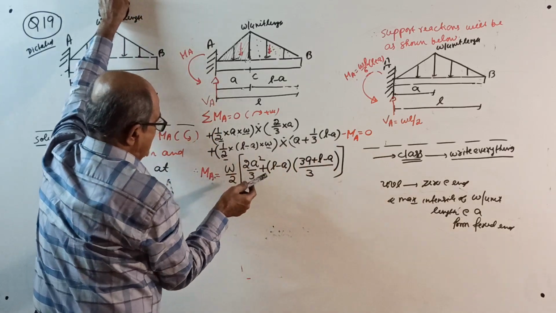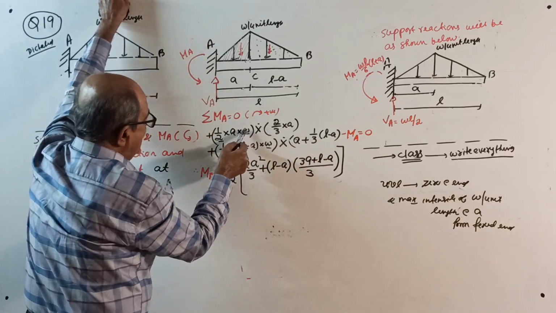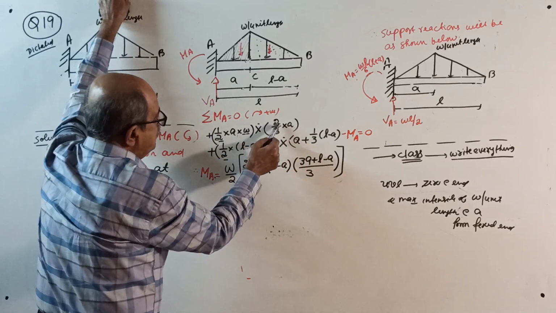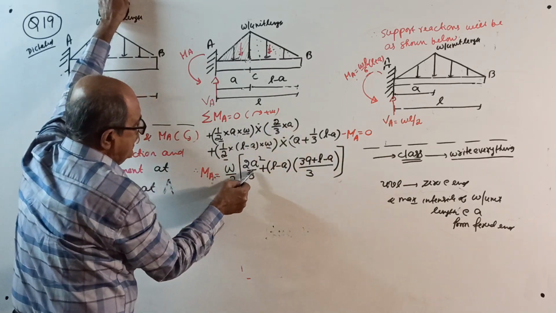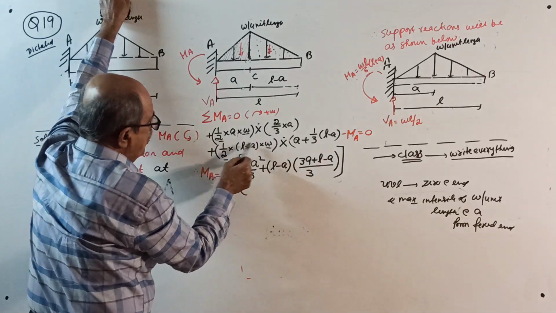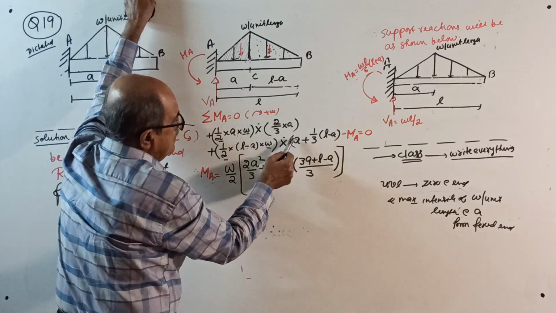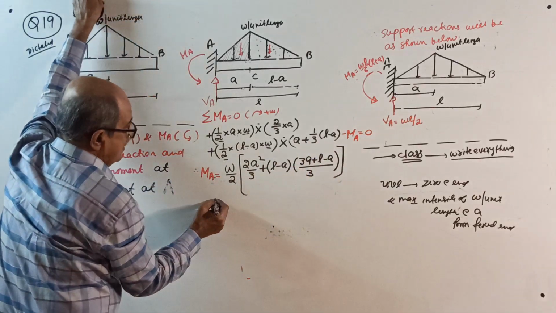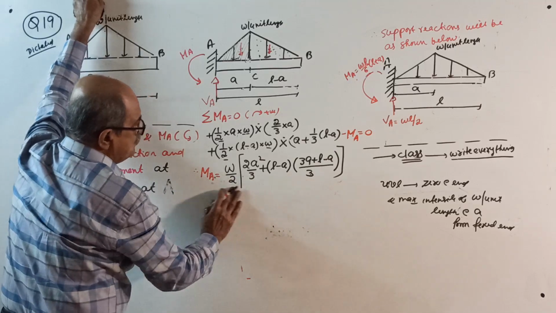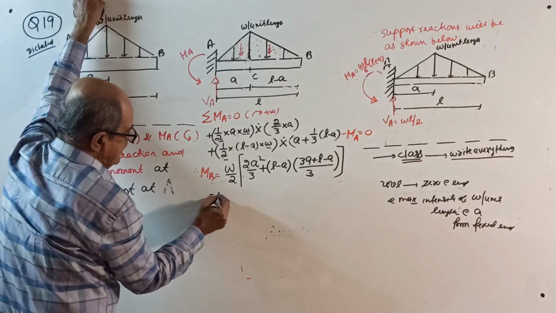W by 2 outside, 2 by 3A into A, 2 by 3A square. Then half W outside, L minus A into 3 common denominator, 3A plus L minus A. Now this 3 and 2 will become outside, it will become 6.